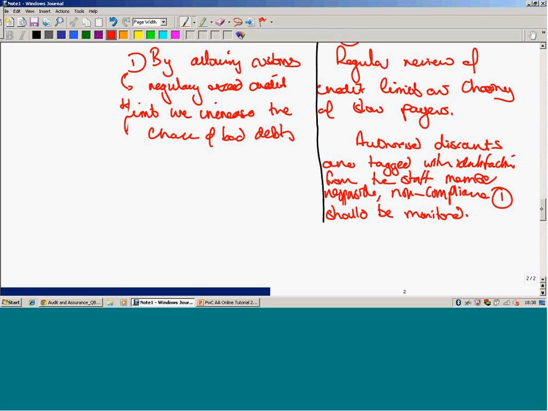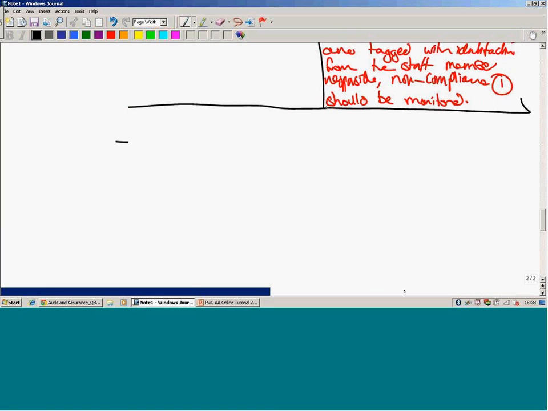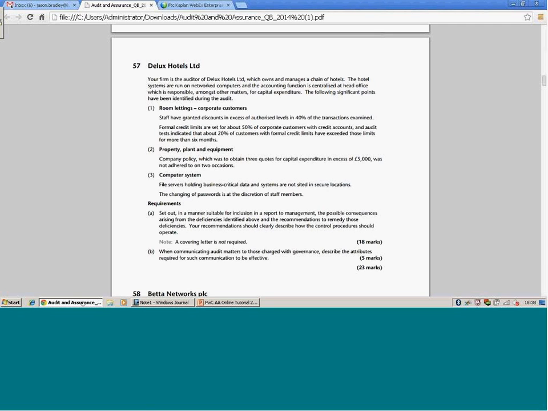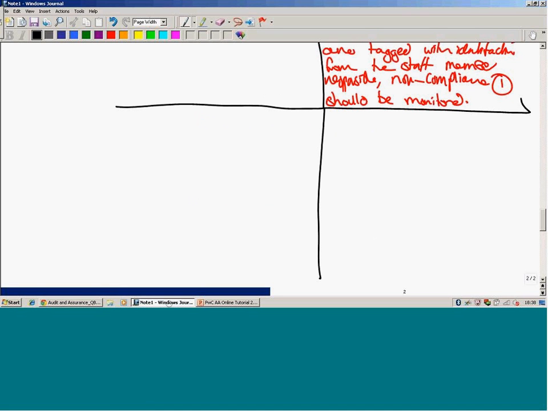Let's do the next few points then. So looking at the question here, I can see two, plant and equipment. Company policy, which was to obtain 3 quotes for capital expenditure in excess of £5,000, adhered to on 2 occasions. So here, it's non-adherence to the policy, or quoting policy, you want to call it.